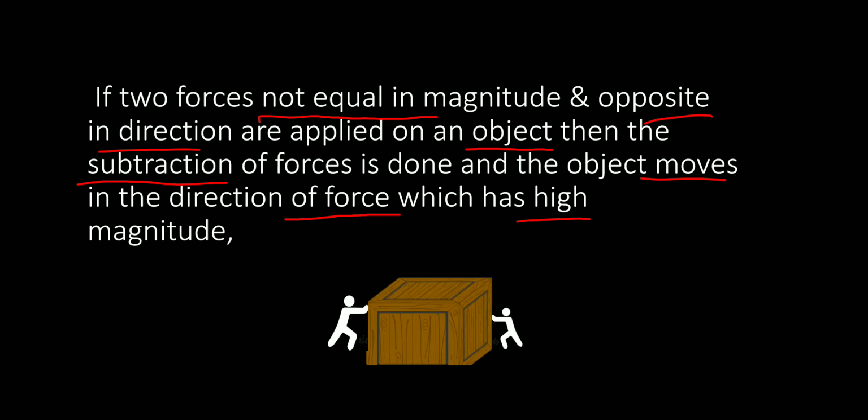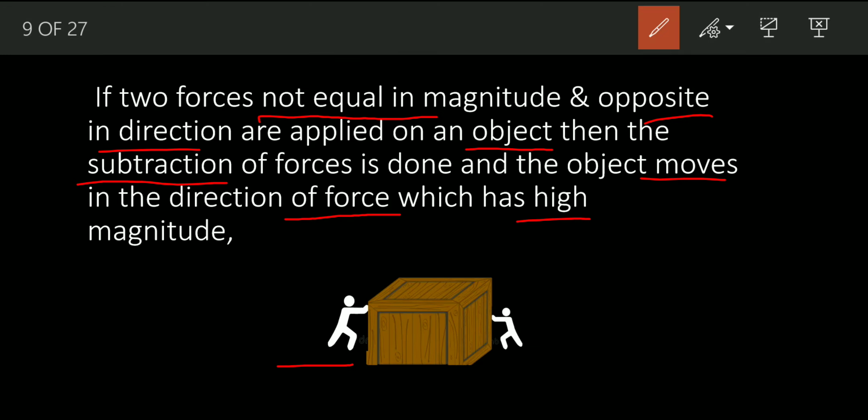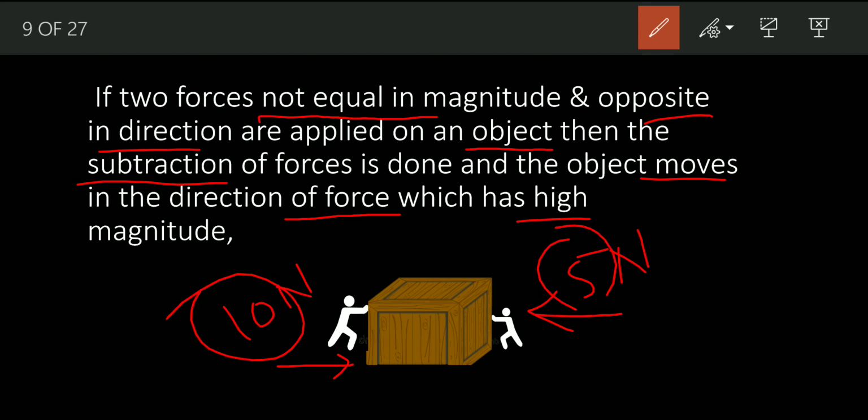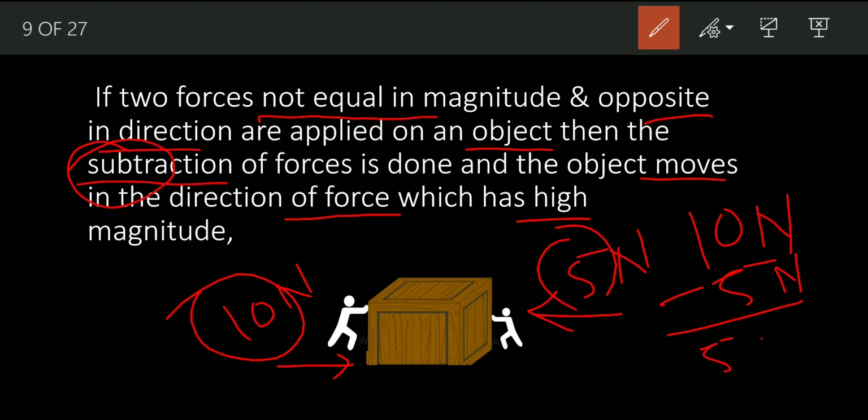Here is an object and suppose you are applying 10 Newton force from this side and from this side 5 Newton force is applied. Now when their magnitudes are not equal, we subtract the forces. So 10 Newton minus 5 Newton. So we have a net 5 Newton force acting in this direction. So the object will move in this direction.